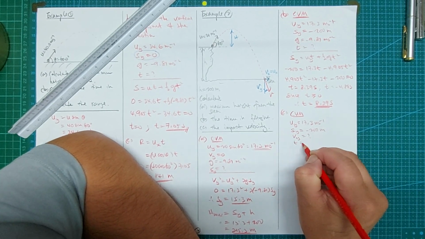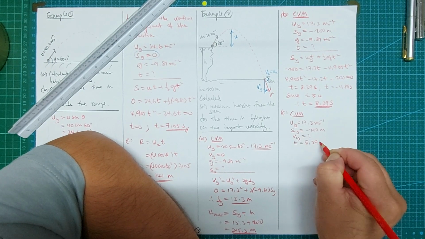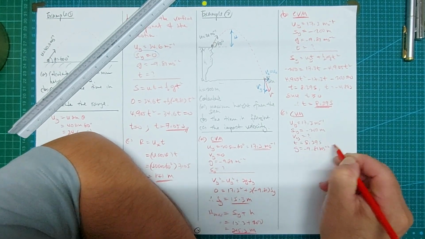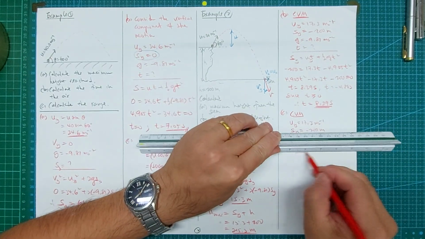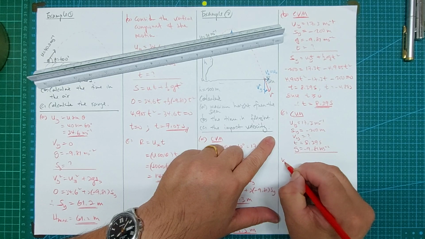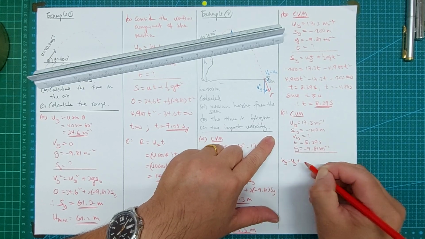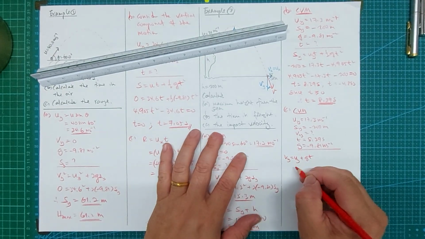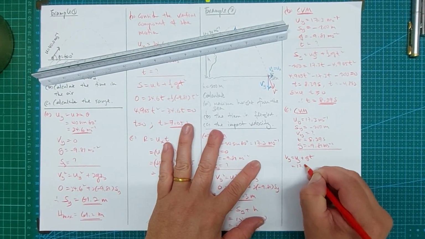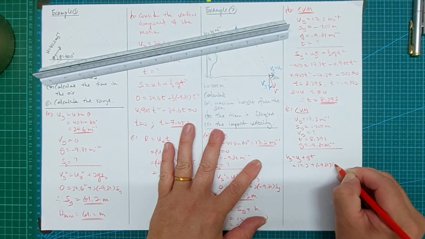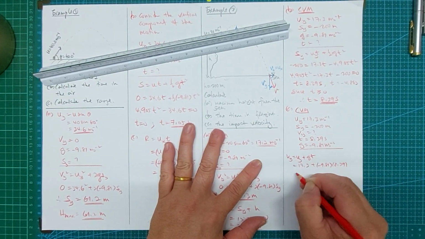You have the time of flight, and then g is equal to 9.81 meter per second squared. So we can calculate using the easy one, Vy is equal to Uy plus gt. Remember, v equal to u plus at, like that equation. So we put in these values: 17.3 plus negative 9.81 multiplied by 8.39.